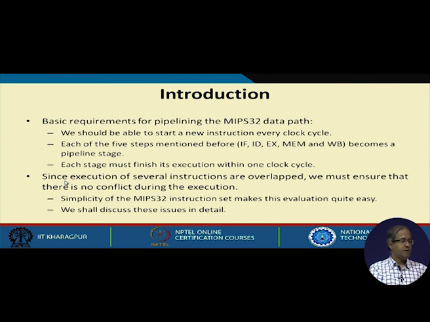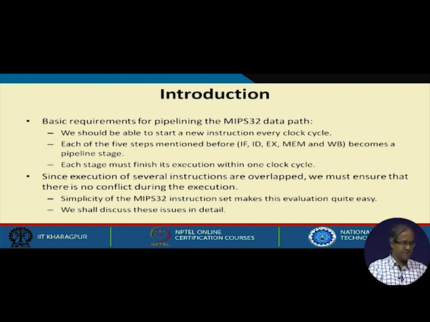Now, there are complications that will come in, we shall see. Executions of several instructions will be overlapped now, because we have IF, ID, EX, MEM and WB as the stages. So, when one instruction is in ID, the next instruction will try to come into IF and so on. We must ensure that there is no conflict of any sort during the execution of these instructions.